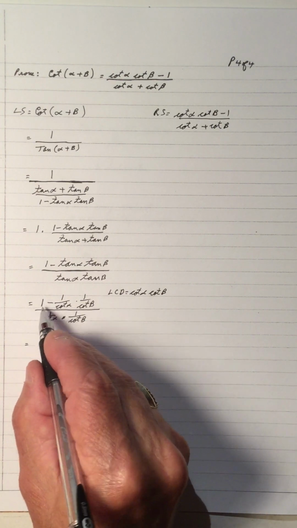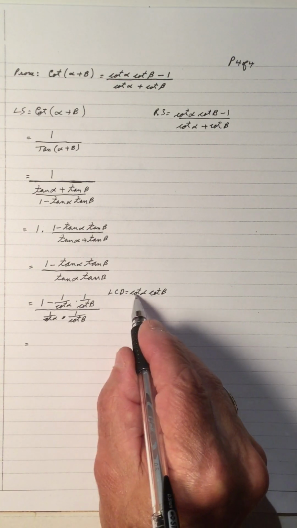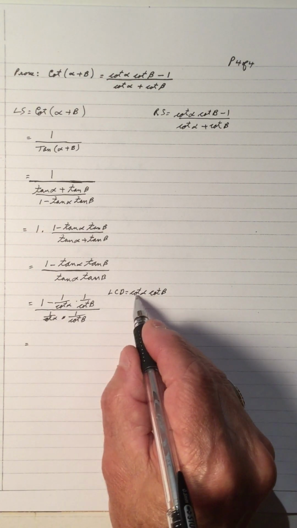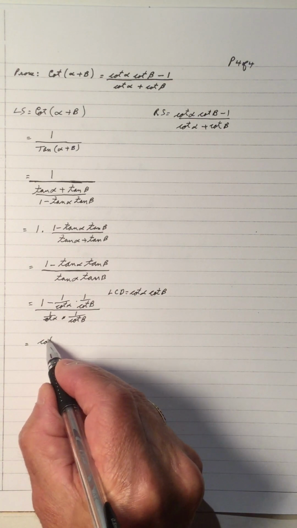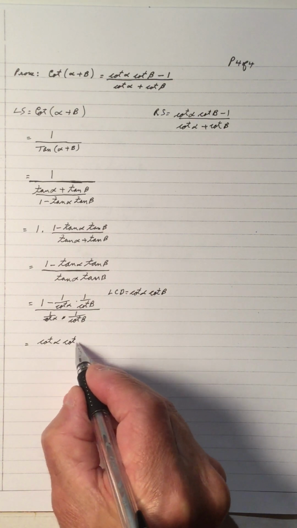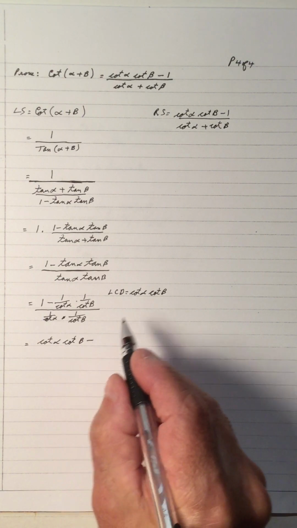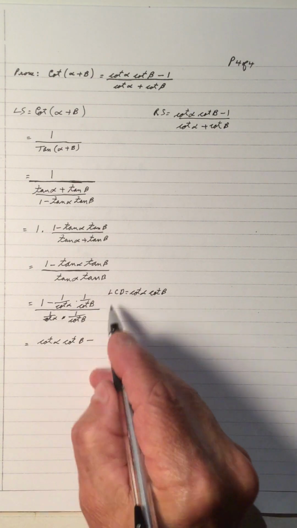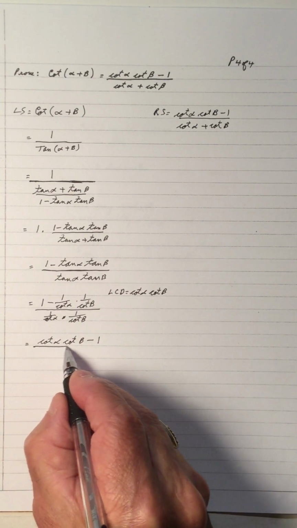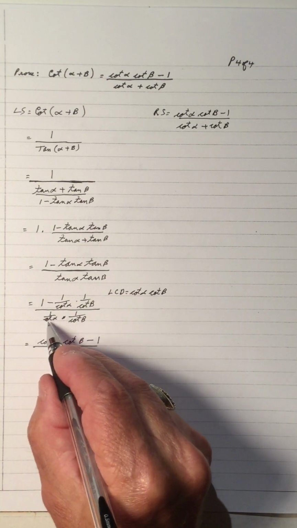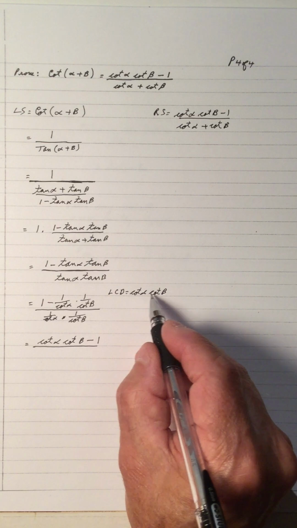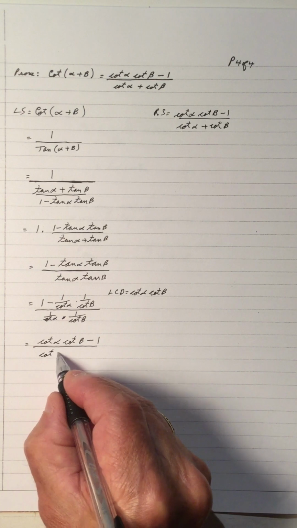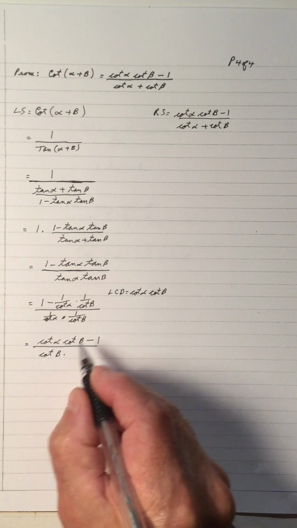So we'll multiply this expression, each of these, by cot alpha cot beta. So 1 times cot alpha cot beta is cot alpha cot beta minus, when you multiply these two fractions by cot alpha, cot beta, they cancel out and we get a 1. And when I multiply 1 over cot alpha by cot alpha, cot beta, the cot alphas cancel out and I get a cot beta.